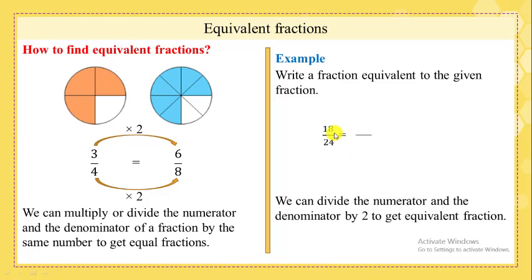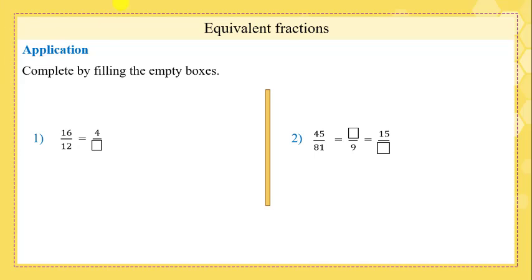So 18 divided by 2 is equal to 9, and 24 divided by 2 is equal to 12. So 9/12 is a fraction equivalent to 18/24. Now, let us solve the application. Complete by filling the empty boxes. Please pause the video and try to solve the application.